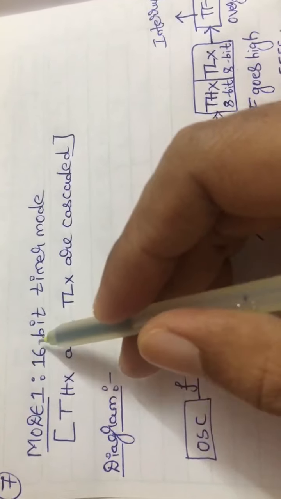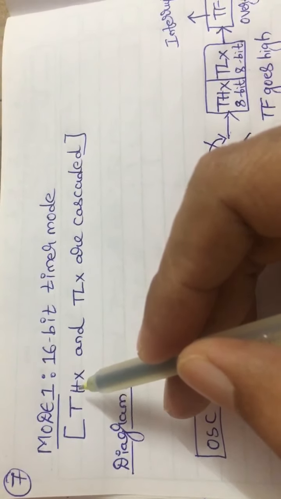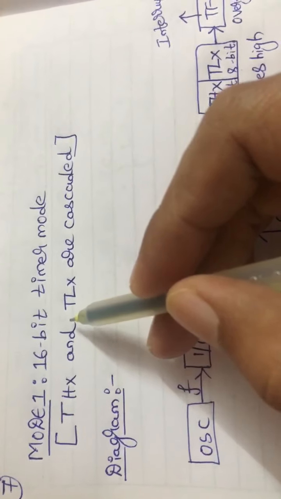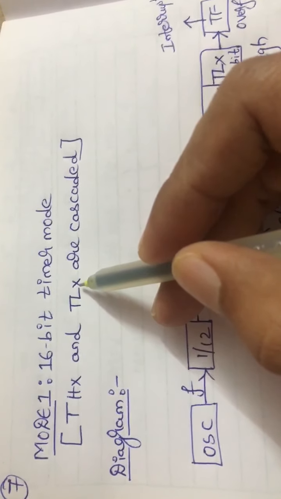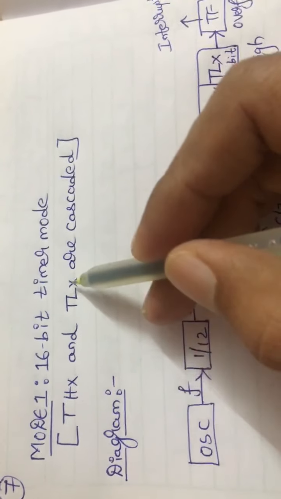Here, since the name is 16-bit, we are using the 8 bits of THX as well as the 8 bits of TLX. As you know, these two are 8-bit wide.